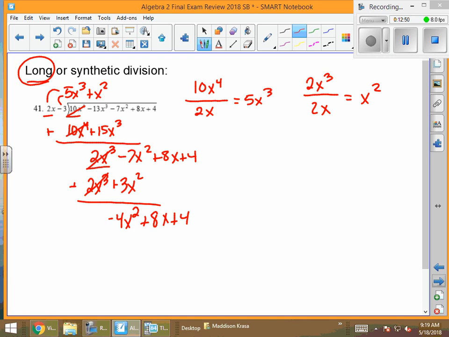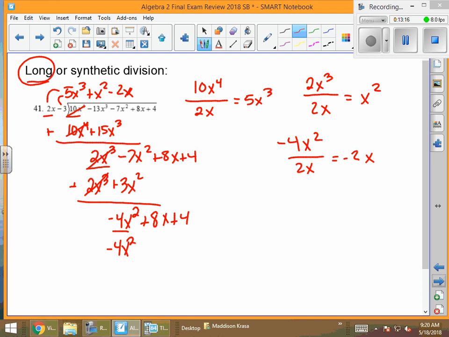Okay, so now we've done two full cycles. We're on cycle 3. So we're going to take that front term, negative 4x squared, divide it by the 2x. And that leaves us with negative 2x. So again, that goes on top. And then we multiply. Negative 2x times 2x is negative 4x squared.